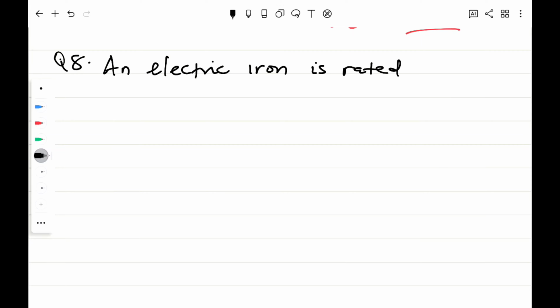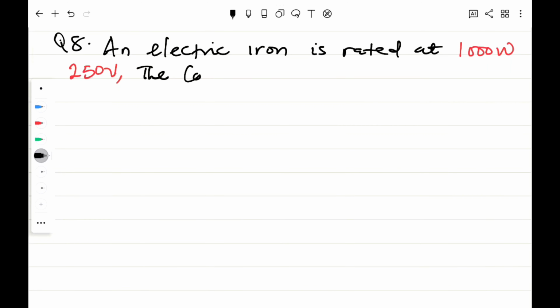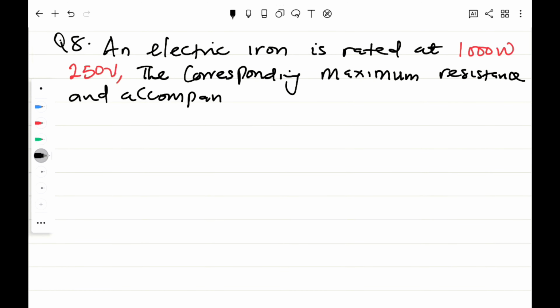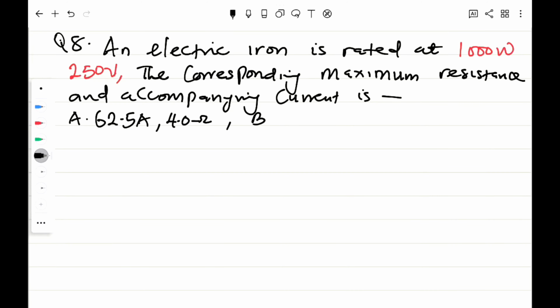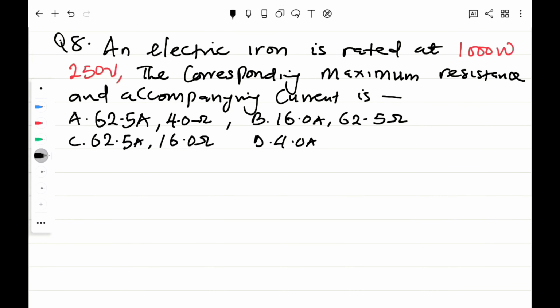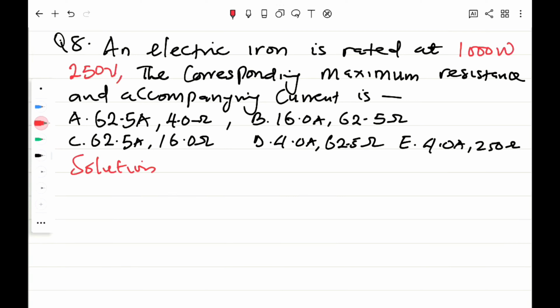Now let's proceed with question 8. An electric iron is rated at 1000 watt, 250 volt. The corresponding maximum resistance and accompanying current is... So this question is 2 in 1. We have to calculate for resistance and also calculate for current.